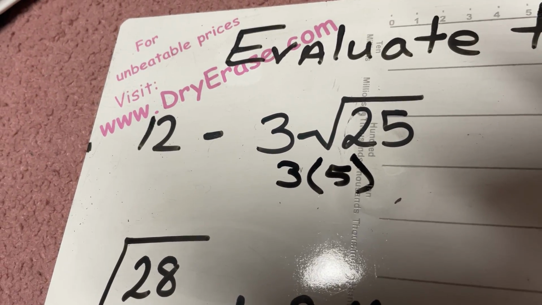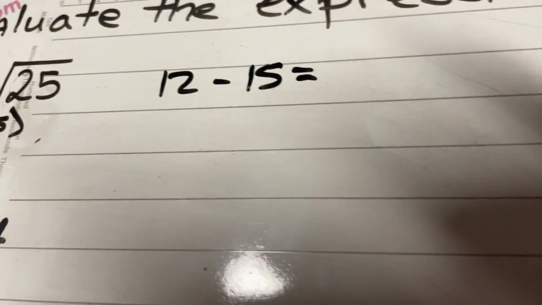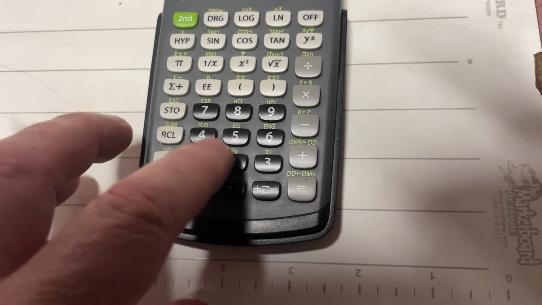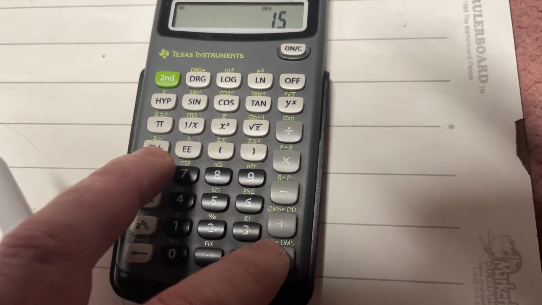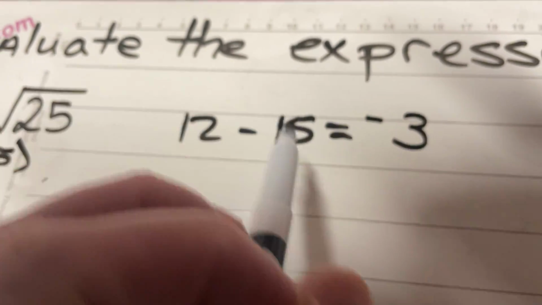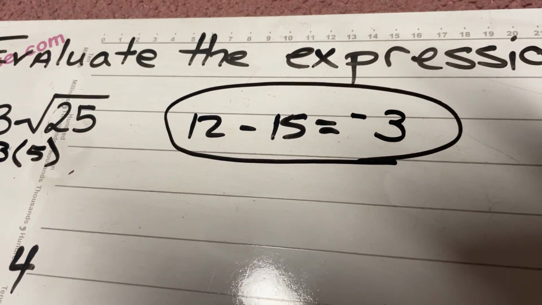Overall, this gives us 12 minus 15. When I plug 12 minus 15 into my calculator, that equals negative 3. And negative 3 is my final answer there.